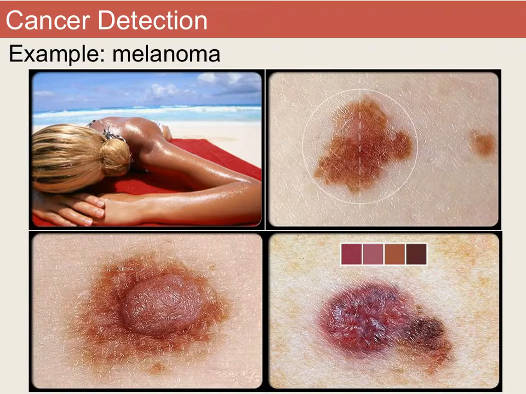And so for stage 3 and 4 melanoma, the prognosis was really poor until recently because of immunotherapy. They're able to treat it now more successfully than they were in the past.